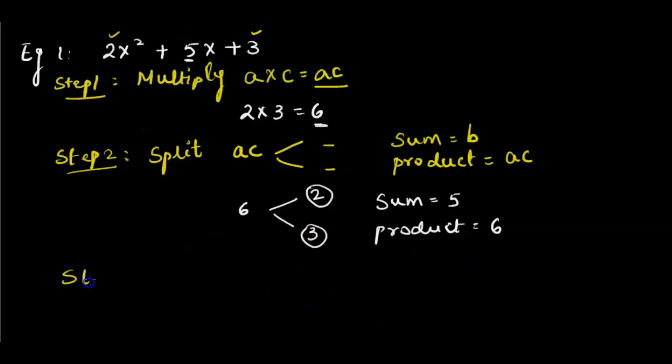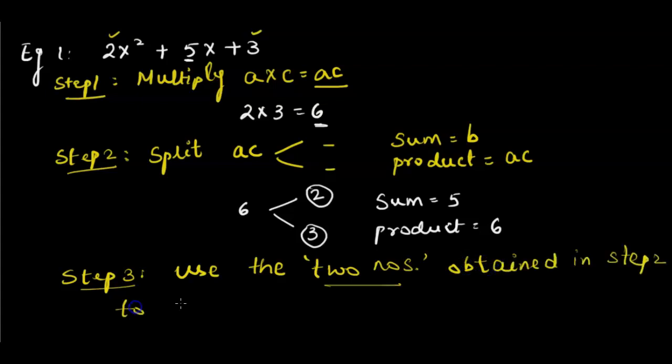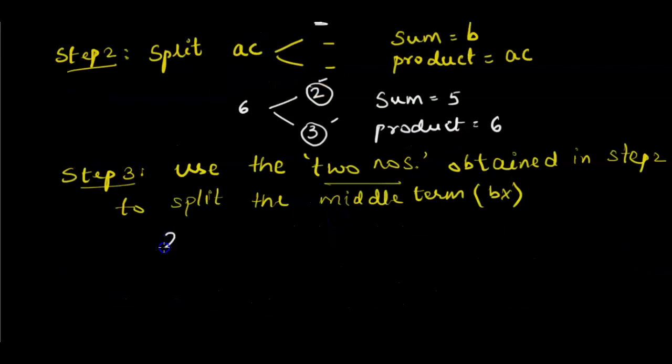Step number 3 is to use the two numbers obtained in step 2 to split the middle term, and the middle term is bx. So the two numbers that we have obtained in step 2 are 2 and 3. The question that we had originally was 2x squared plus 5x plus 3. Now we will use these two numbers to split this middle term bx.